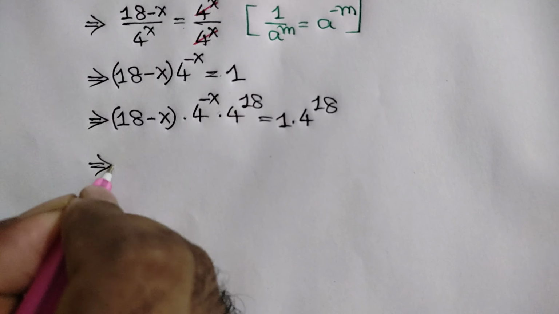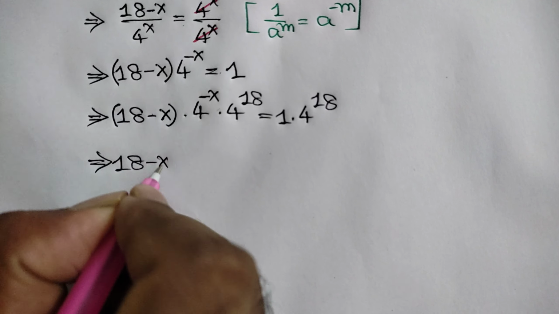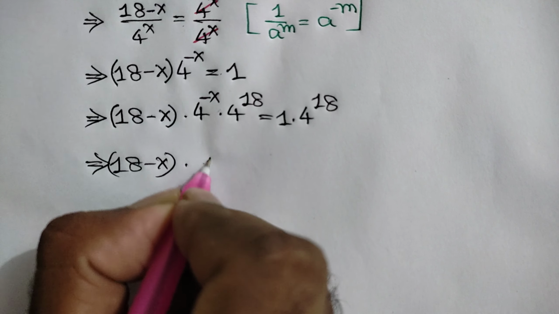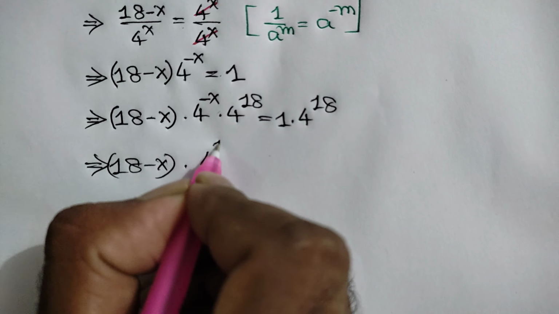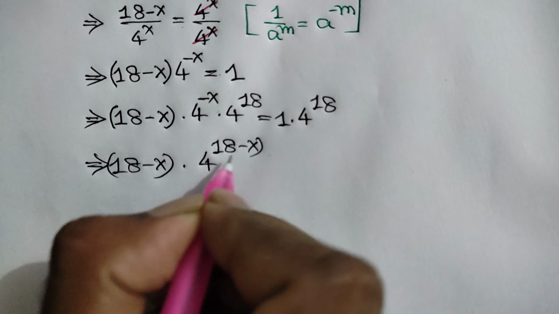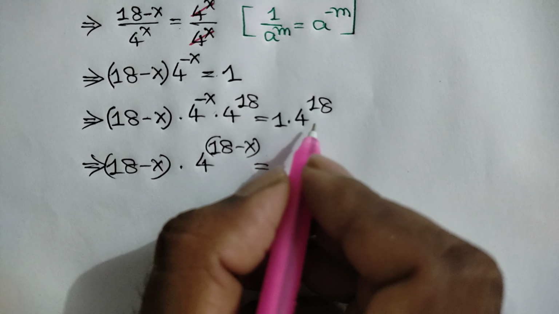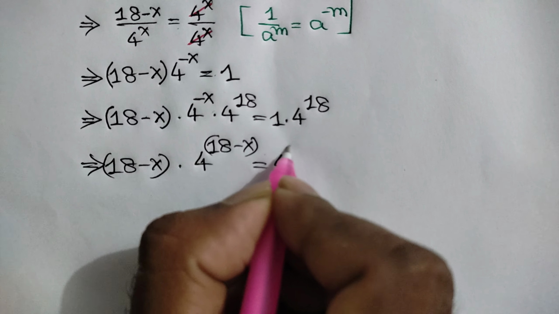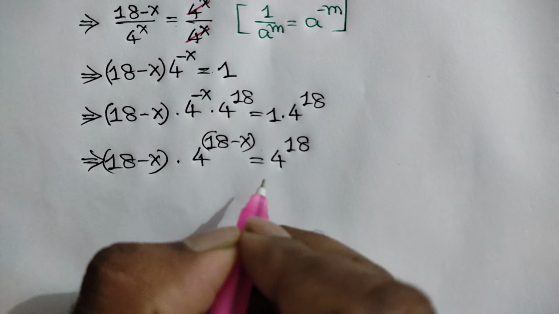Here we will get 18 minus x is equal to 1 times 4 to the power 18, that means 4 to the power 18.